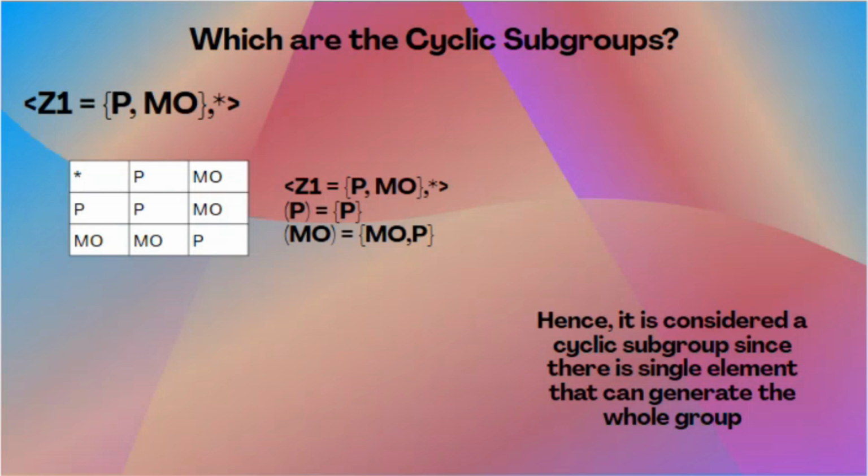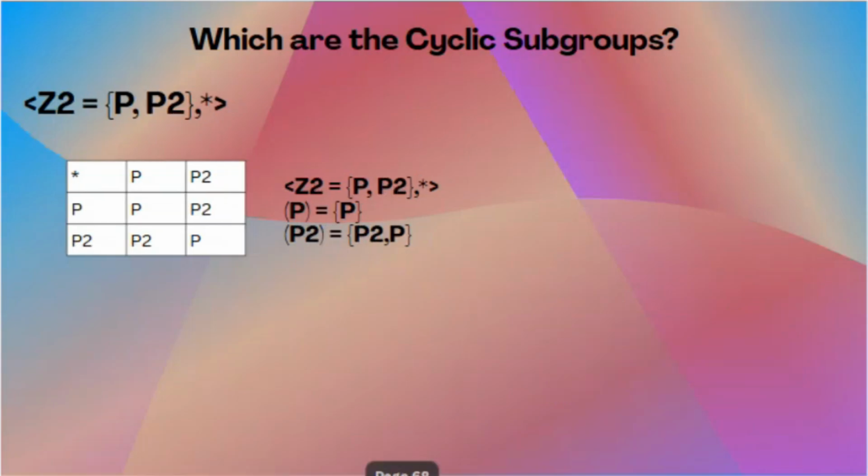So therefore, it is considered a cyclic subgroup since there is a single element that can generate the whole group.